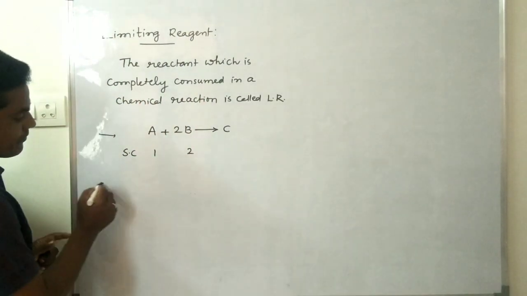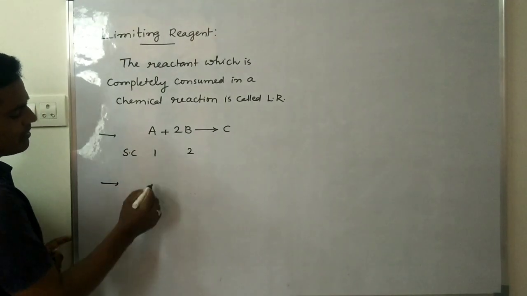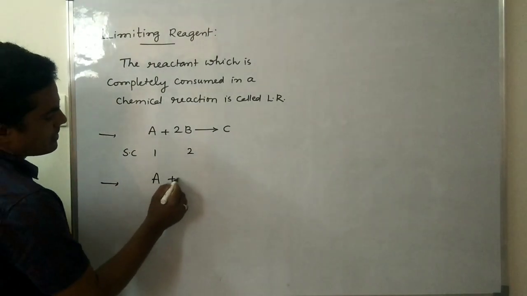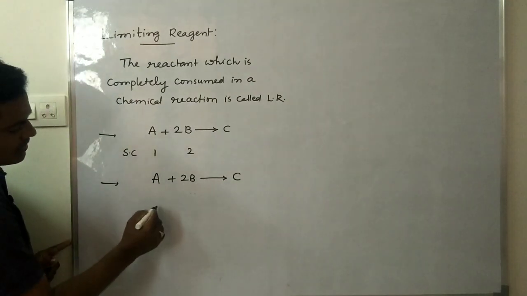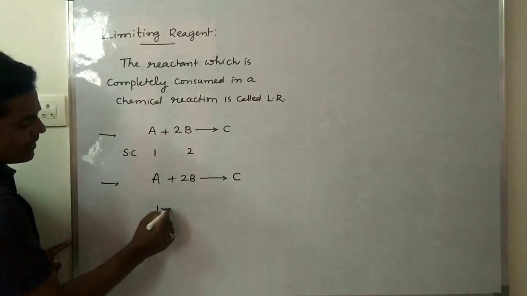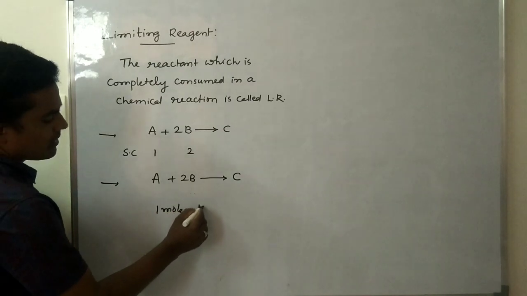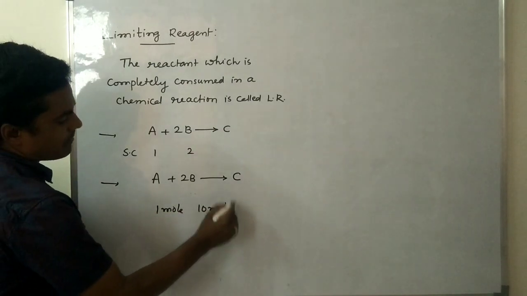Now suppose A plus 2B gives C. Initially 1 mole of A and 10 moles of B are taken.